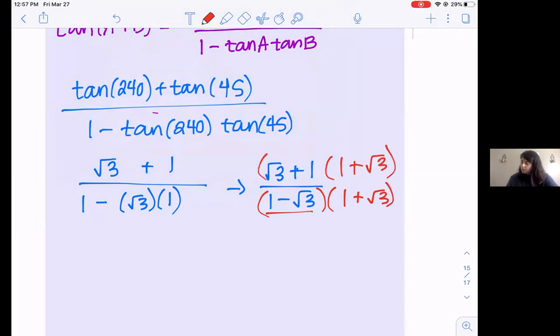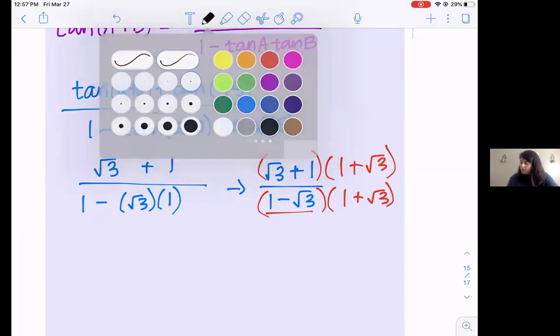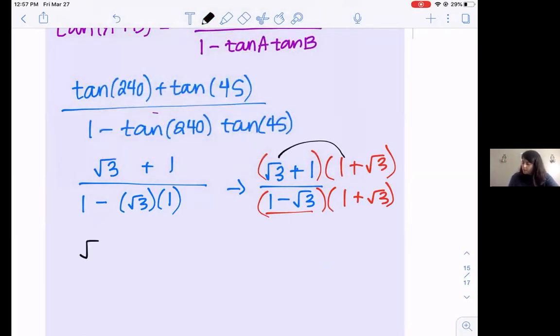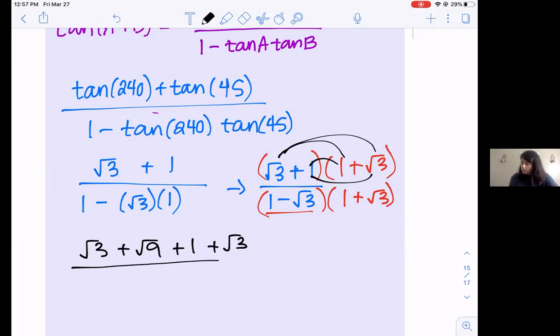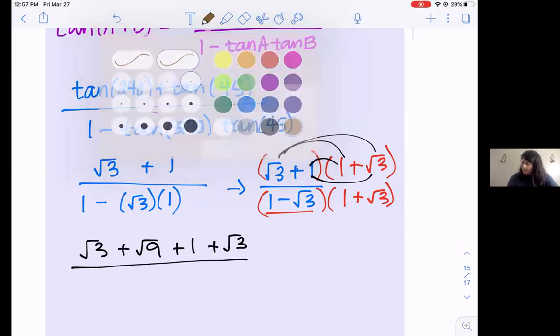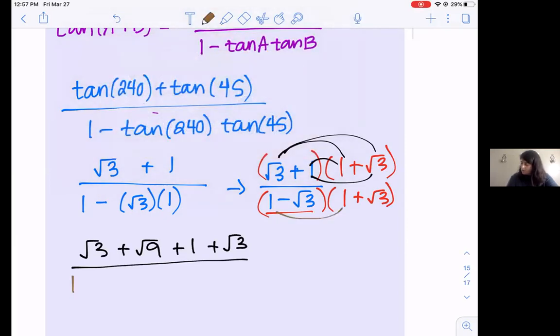Right? So I've got to FOIL the top and FOIL the bottom. Our top is going to be radical 3 plus radical 9 plus 1 plus radical 3, and our bottom is going to be 1 plus radical 3 minus radical 3 minus radical 9.